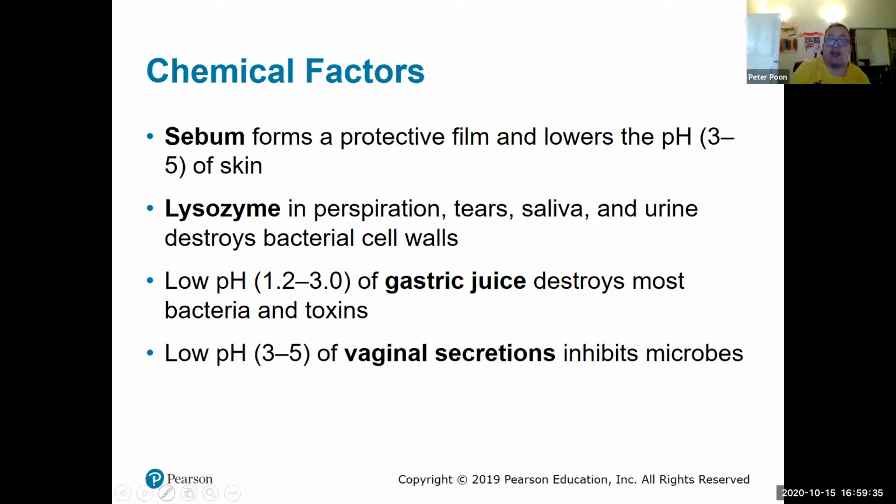The lower pH of the vagina also inhibits microbes. That pH, the pH secretion of the vagina, does change depending on conditions. Like if you're ovulating, it actually increases the pH. So that's where you can actually get infections.